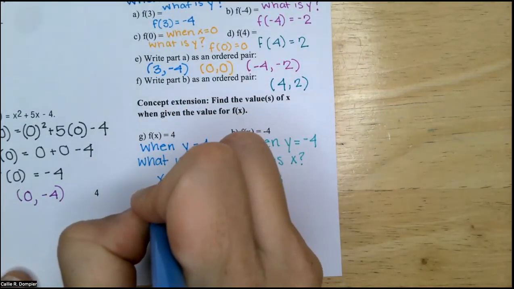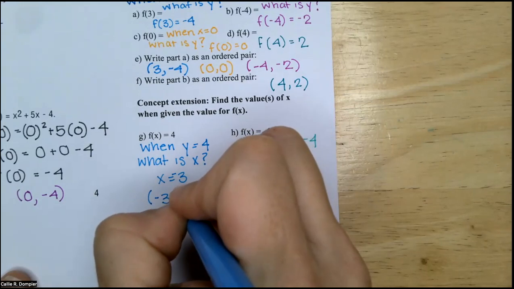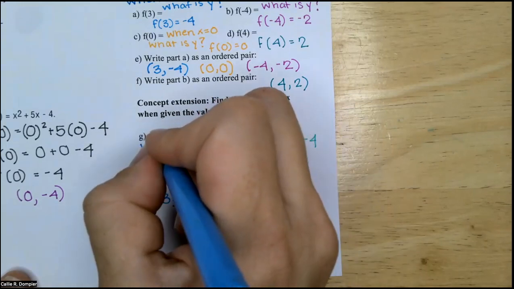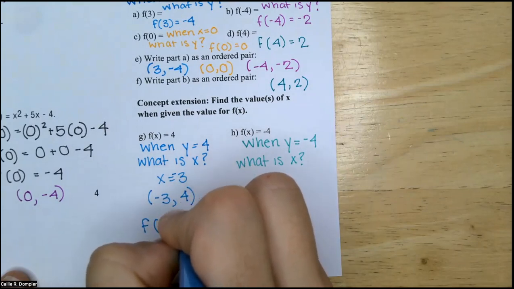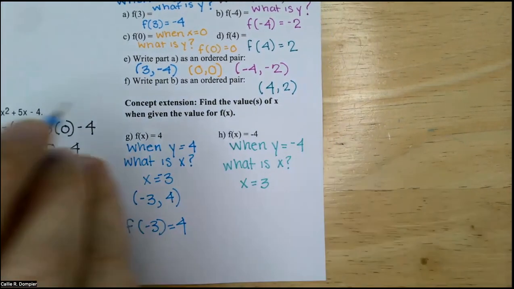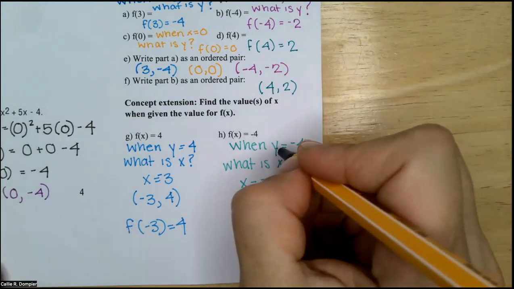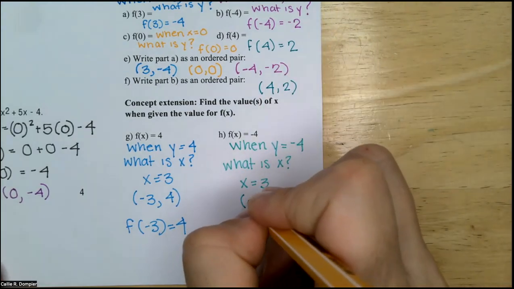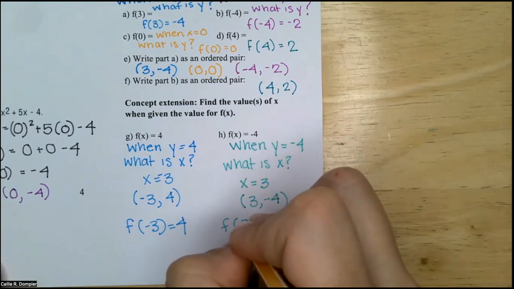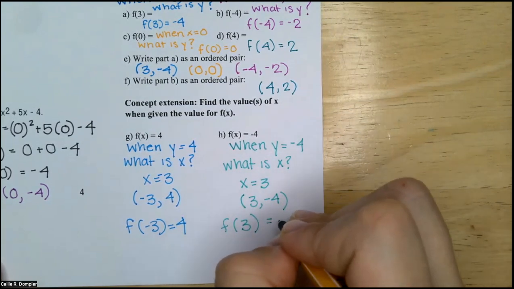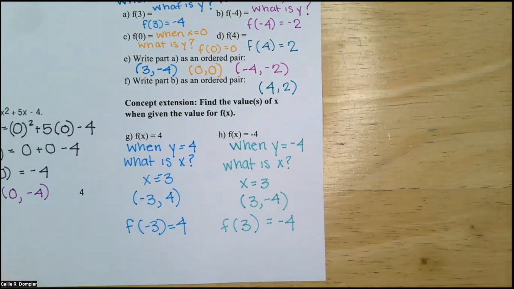So the ordered pair was -3, 4. f of x equals 4, f of -3 equals 4. And over here we had, when y equals -4, what is x? x is 3. So we have 3, -4, or the function f of 3 equals -4.